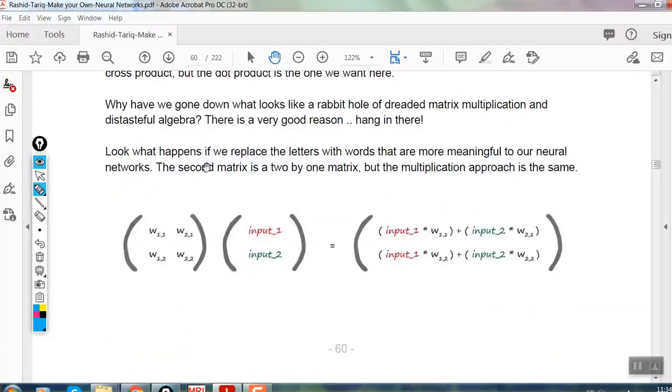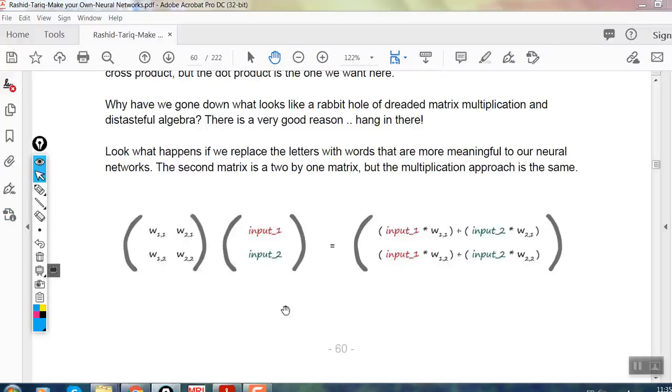Then for this simple neural network, we can write it in the form of matrices. The first matrix is the weighting matrix, and its size is 2 by 2 because the number of nodes in each layer is 2, and we have 2 layers.